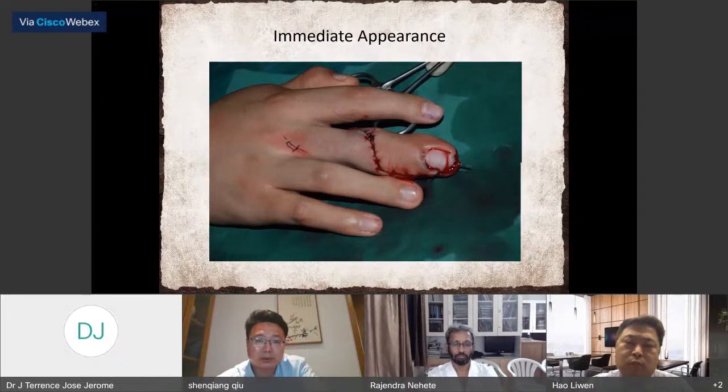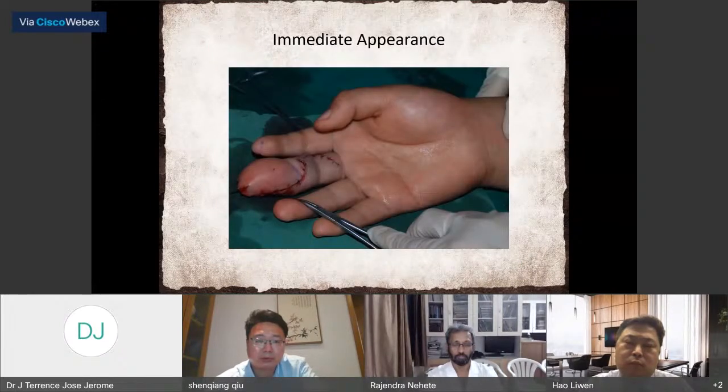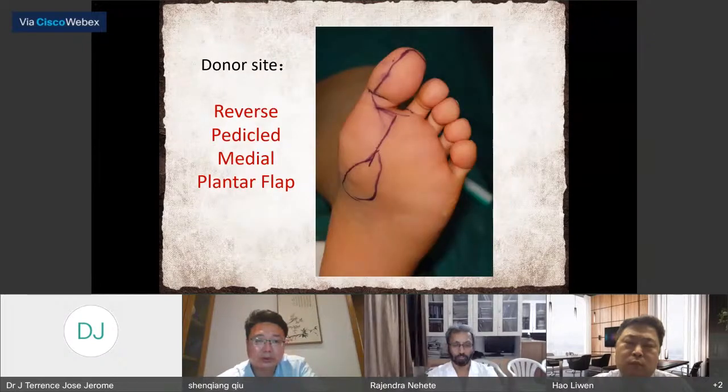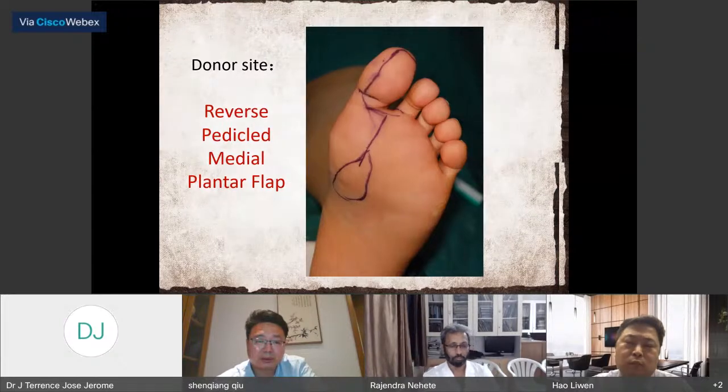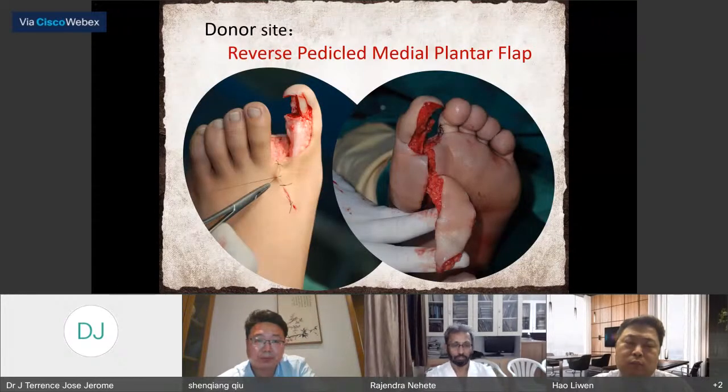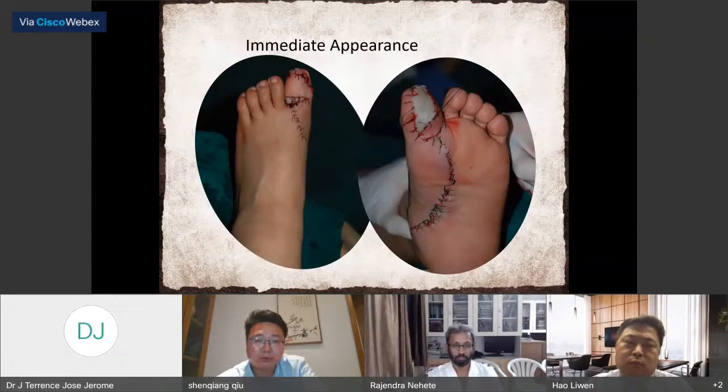Immediate appearance, hammer view, and on the side, a reverse medial plantar flap designed. Long narrow flap. Full thickness skin graft harvested from the middle plantar foot.